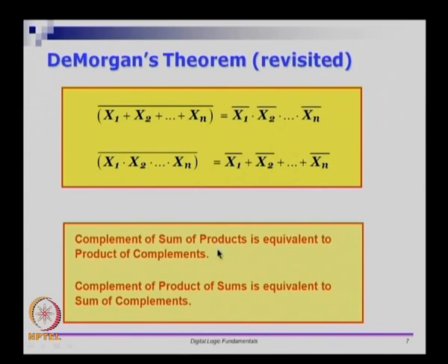Similarly, if x1 is a sum term, x2 is a sum term and so on up to xn, and I take the product of those and complement it, it is the same as the summation of the complements. This is De Morgan's theorem. An easier way to put it in English: complement of sum of products is equivalent to product of complements, and complement of product of sums is equivalent to sum of complements.